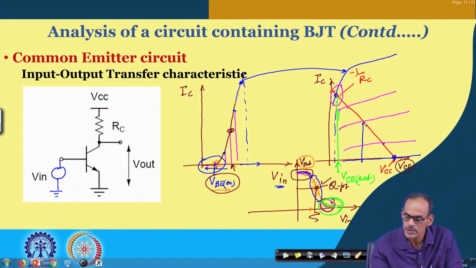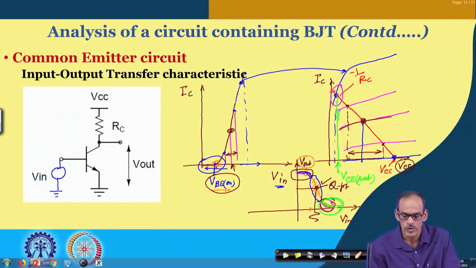The corresponding pull down characteristic is basically this one, and with respect to that we would like to vary the input plus or minus around the Q point. As a result, the intersection point of the pull down characteristic and the load line goes up and down, which makes the corresponding output here.